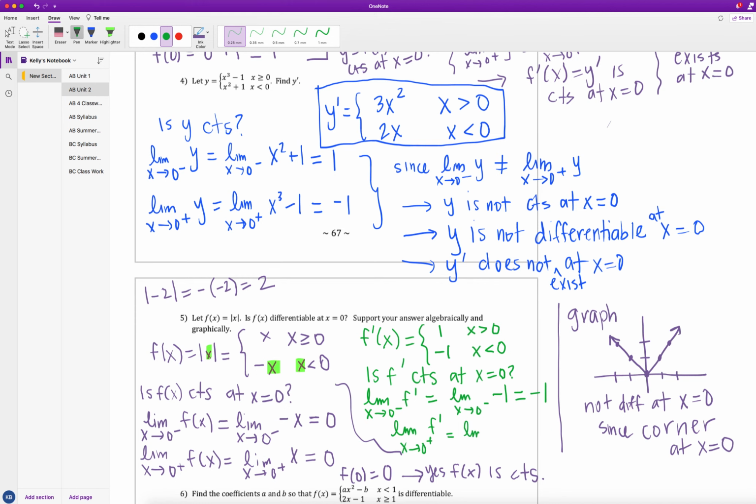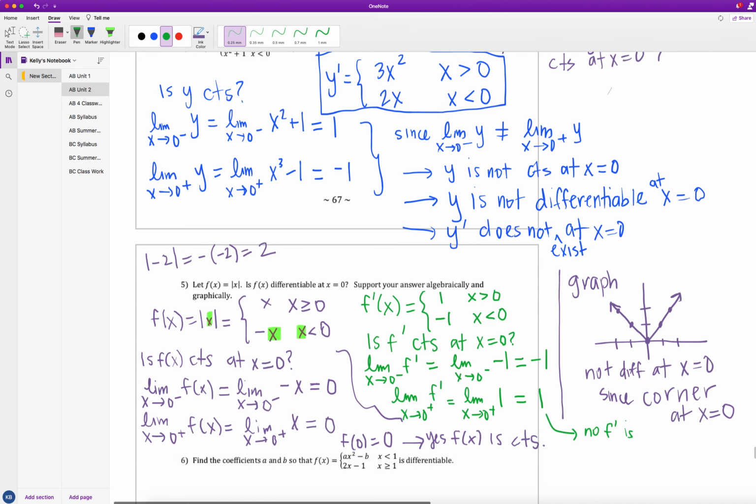And if I do the limit from the right, then I'm taking the limit as x approaches 0 from the right of +1. Again, I'm just taking a constant, which will be equal to that value. In this case, the limit from the left did not equal the limit from the right. So what that tells me is that no, f prime is not continuous.